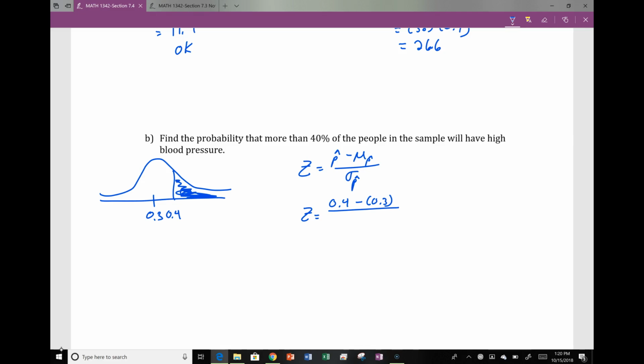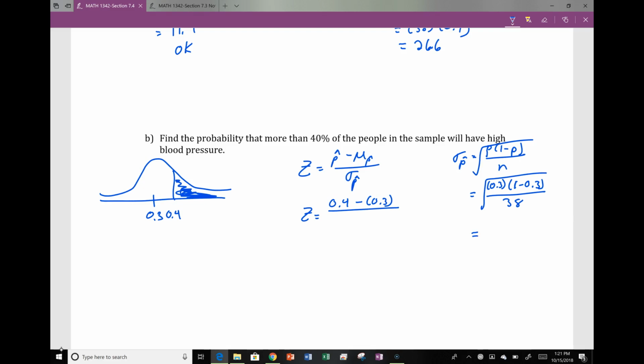Then recall that sigma sub p hat is going to be the square root of p times 1 minus p divided by n. So p is 0.3 times 1 minus 0.3 divided by 38, and we need to take the square root of this.